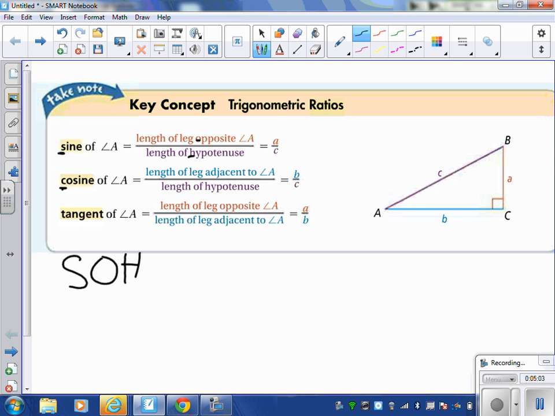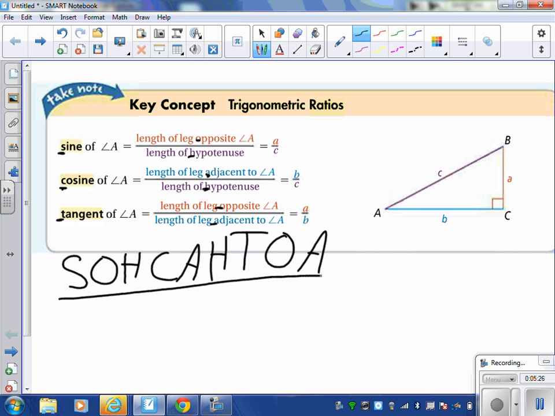Cosine is adjacent over hypotenuse. Tangent is opposite over adjacent, which gives us the big bad monster of SOH-CAH-TOA.